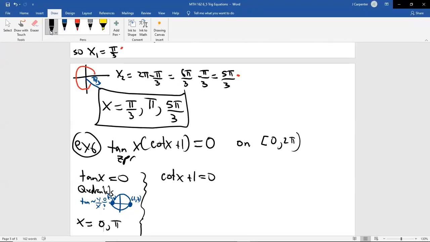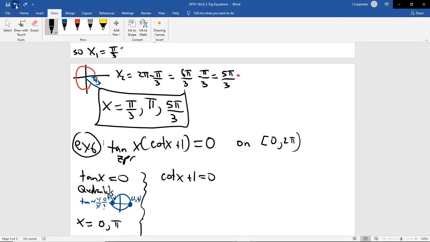Now both of those are inside 0 to 2 pi, so they're good, and we don't need to add any plus n pi, because this is tangent, you would add plus n pi, but if you take 0 and add pi, you get this solution. If you take pi plus pi, that's what I was doing wrong in my head, you get 2 pi, which is already past where you want to be because of that parenthesis.